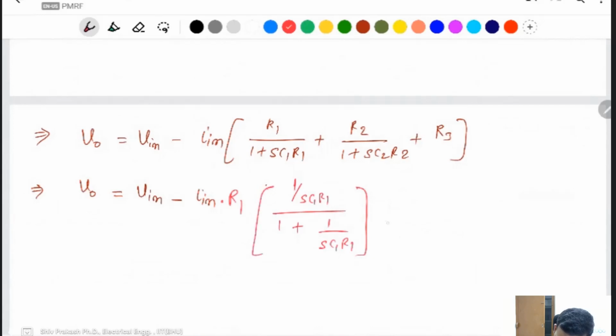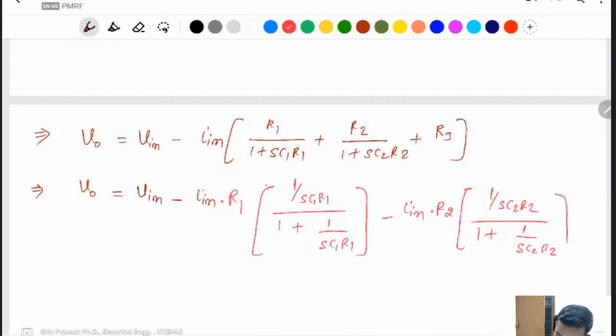Written like that, this is I in into R2. The same thing you can apply here also: 1 by S C2 R2 divided by 1 plus 1 divided by S C2 R2, minus I in into R3.